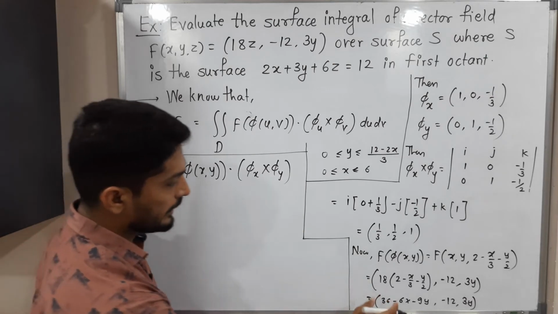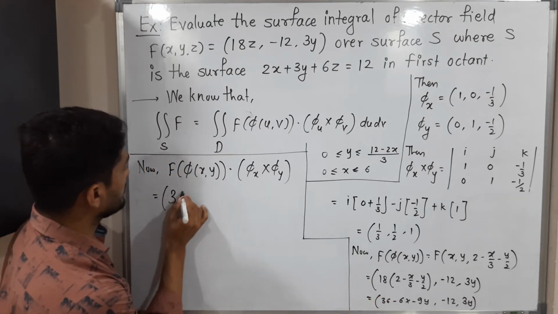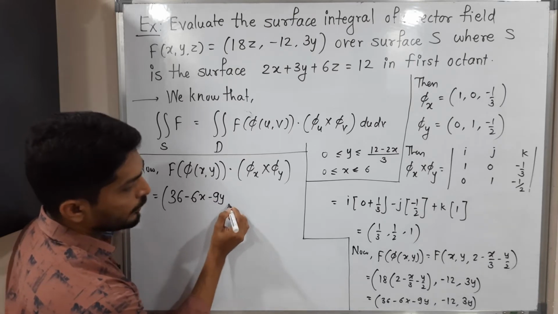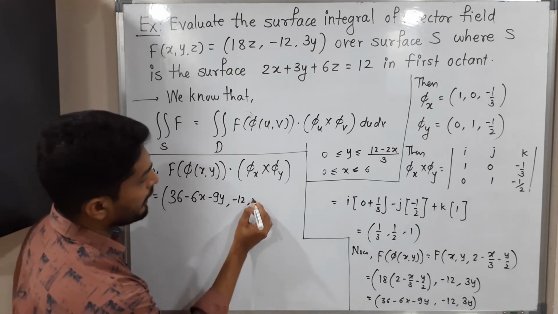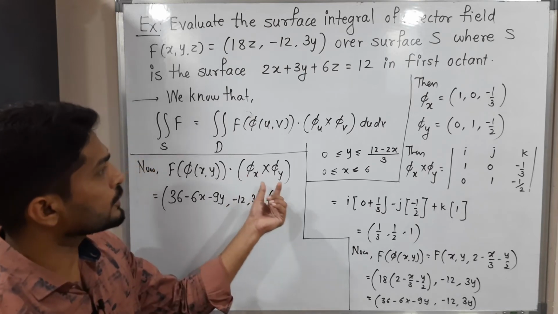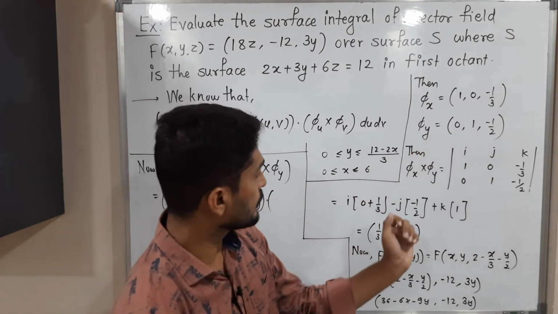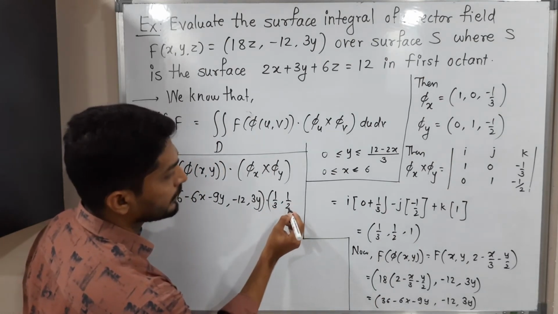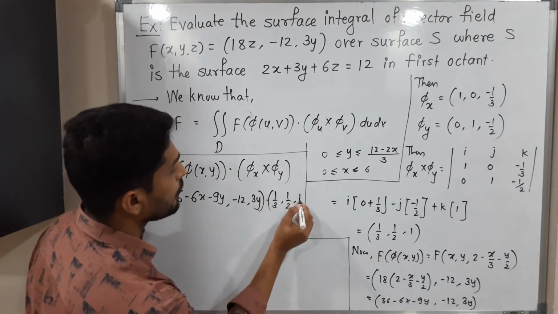Let us put the values. The value of f of that thing we have got is 36 minus 6x minus 9y, comma, minus 12, comma, 3y, dot the cross product of phi x and phi y. What we have got here is 1 by 3, minus 1 by 2 and 1.